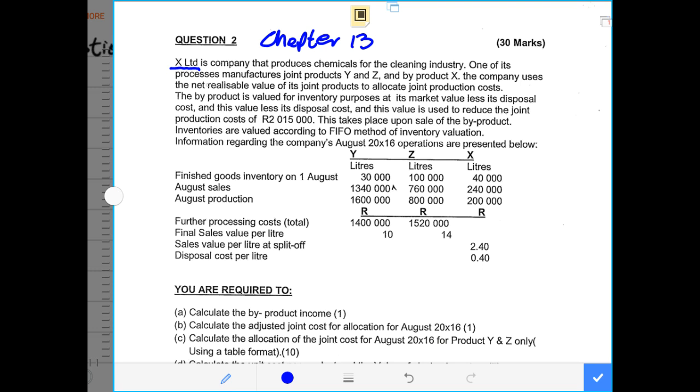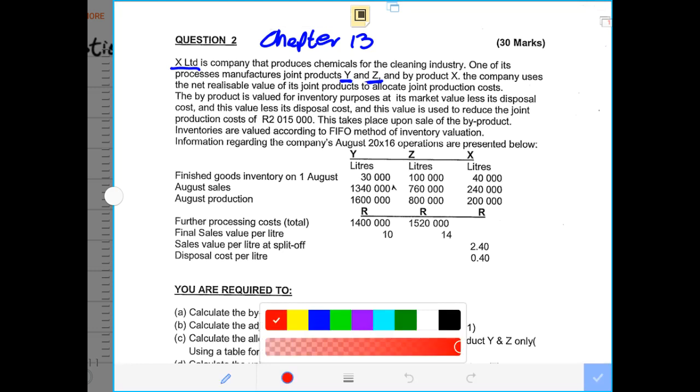One of its processes manufactures joint products, which are joint product Y and joint product Z, and a byproduct, which is byproduct X. So the minute you are given a byproduct, it should come into your mind that there is no allocation of joint cost to the byproduct.